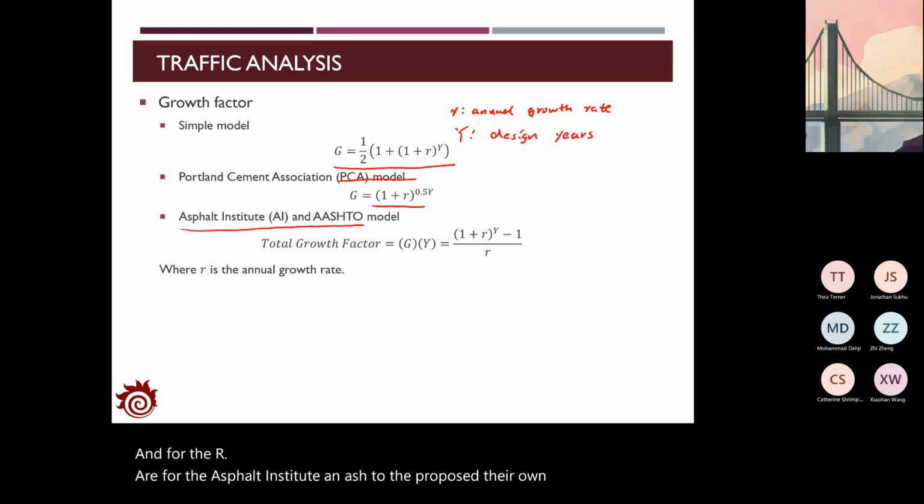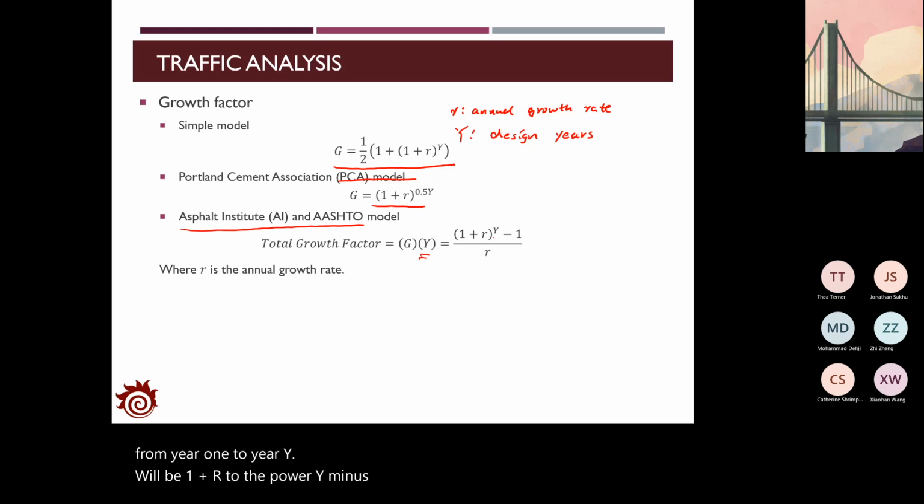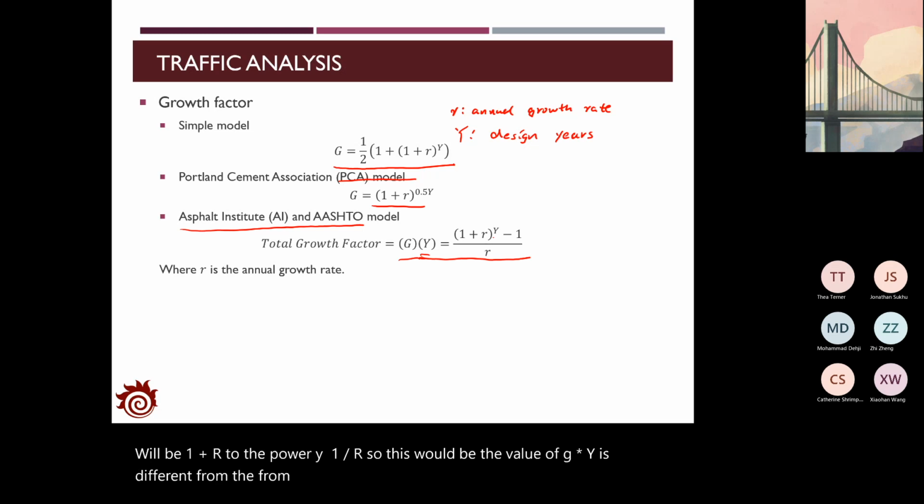They assume that the total growth factor over the design years from year 1 to year Y will be ((1 plus R) to the power of Y minus 1) divided by R. So this would be the value of G times Y. It's different from the previous two.